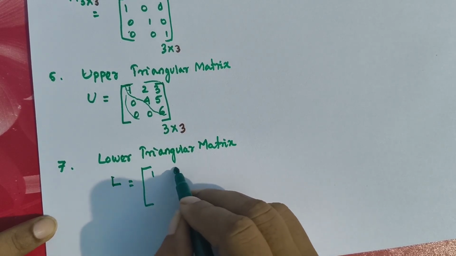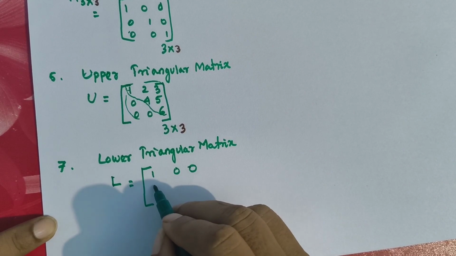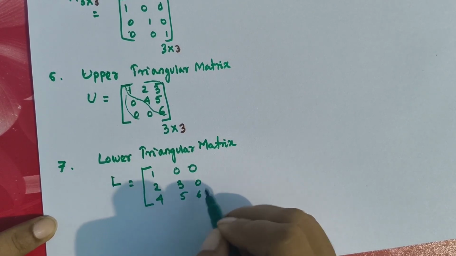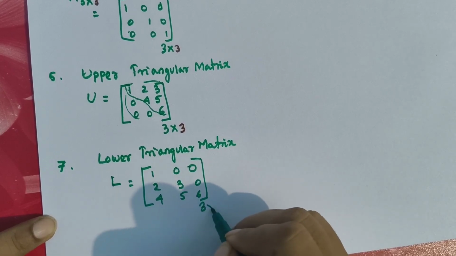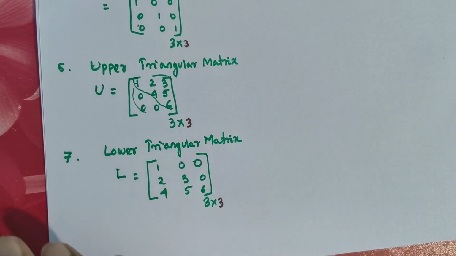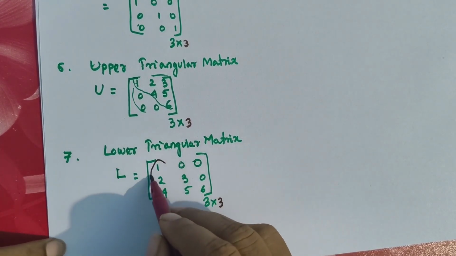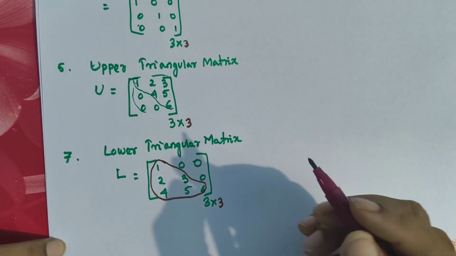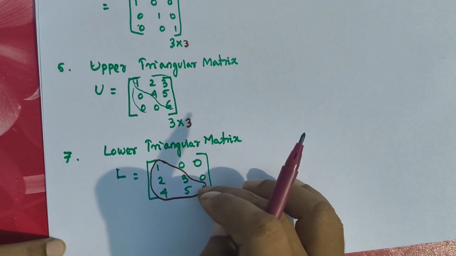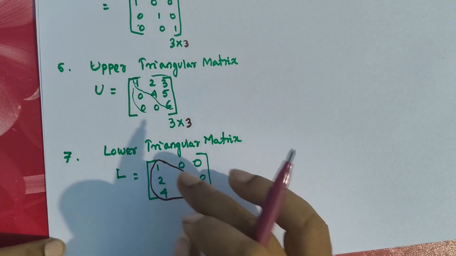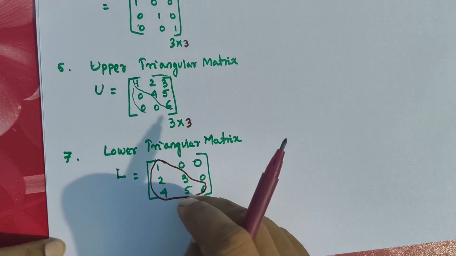It will be 1 0 0, 2 3 0, 4 5 6. We can see that it is a lower triangular matrix, and the elements below the main diagonal are non-zero.